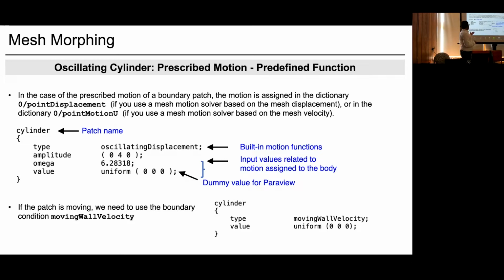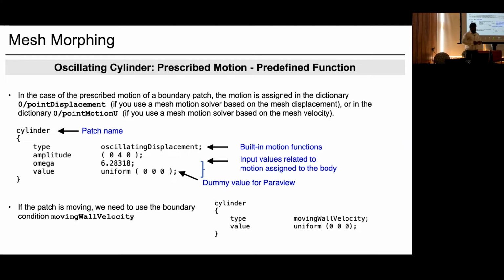In this particular case, I have chosen a function called oscillating displacement, where I define amplitude and I choose whether it is in X, Y or Z direction. Then I choose an omega, that means angular velocity in radian per second, and there is a dummy value for paraview.